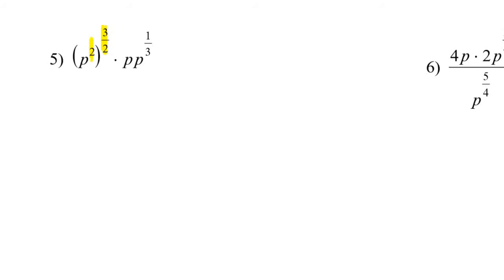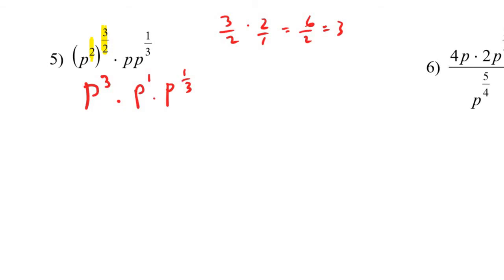So we're going to do 3 over 2 times 2. 3 over 2 times 2 is 6 over 2, which is 3. So this p is p to the third, p to the first, and then p to 1/3. Now we can apply the product property, in which we need to add all the exponents together.